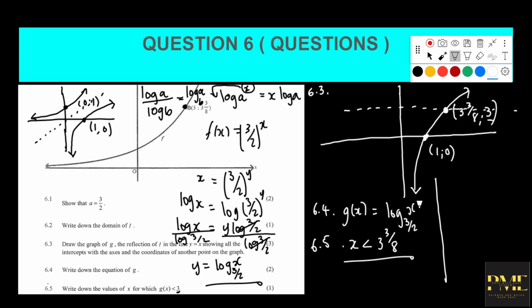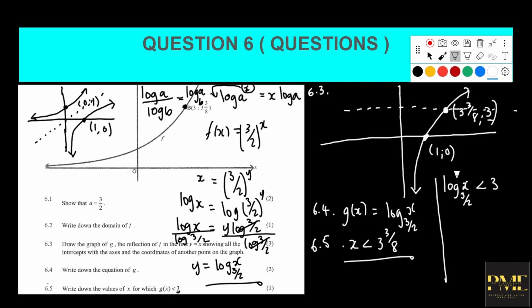So you can make use of this and solve for x to find the x values for which this statement is true, because g of x is equal to that. So when you see that, you therefore say log x base 3 over 2 is less than 3. So solve for x so that this statement is true.